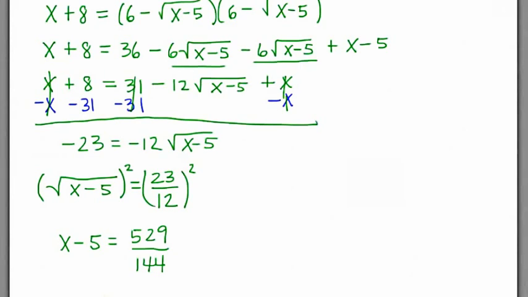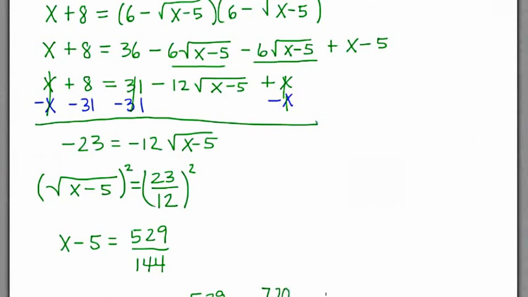Well, I can't combine the fractions unless I have a common denominator. So I'm going to think of renaming 5 so that it is so many 144ths. So I'm going to go to my calculator here, and I determined that it's the same as 720 over 144.